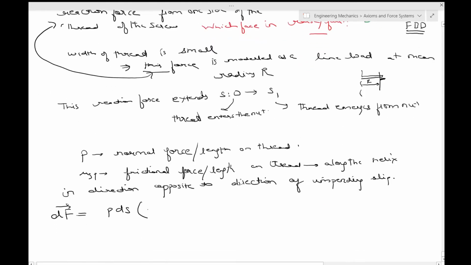So minus sine alpha E phi plus cos alpha Ez, and then mu s p ds.